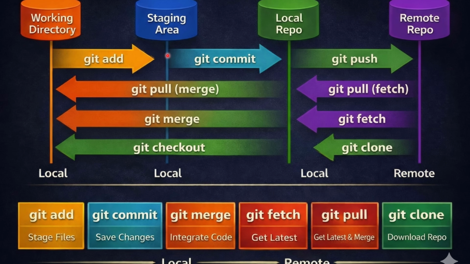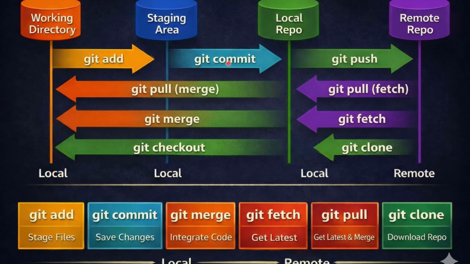Now 5 files are in the staging area and the remaining 5 where you are still working are in the working directory. Now your 5 files are ready to move further to the local repository. You will simply use git commit.